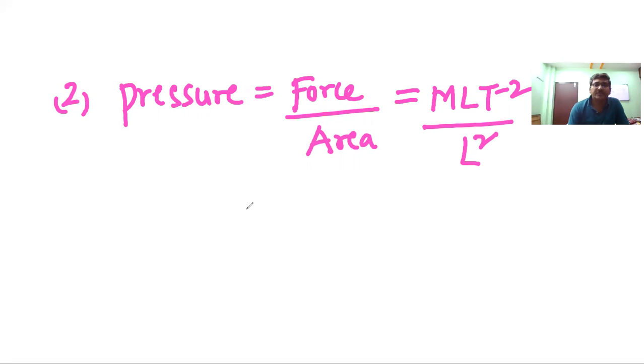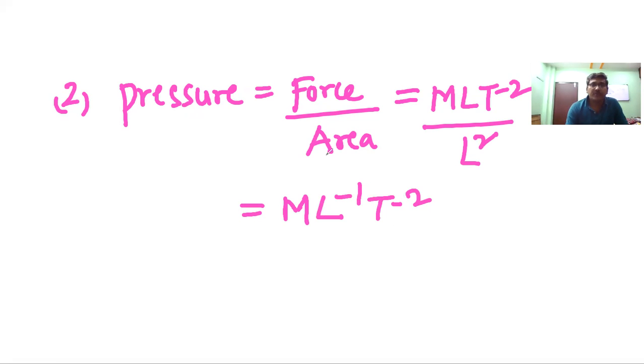Area is L square. That is equal to M. One of the L in the numerator and denominator will be cancelled. So L to the power of minus 1, T minus 2. This is the dimension formula for the pressure. Observe this.